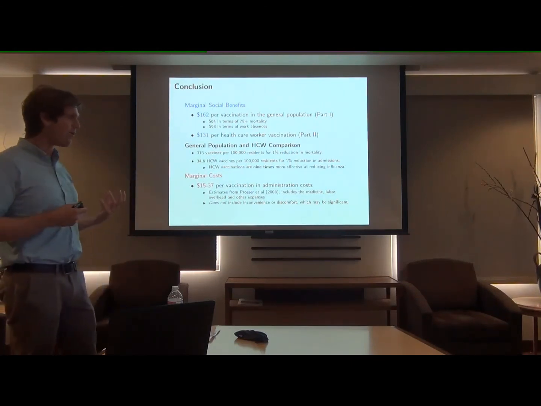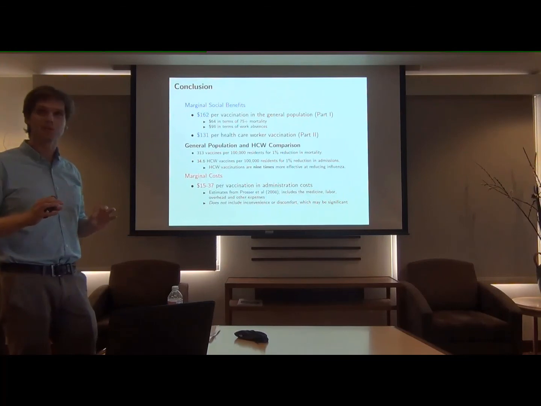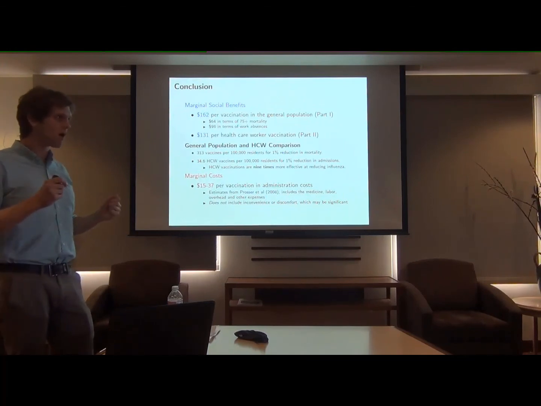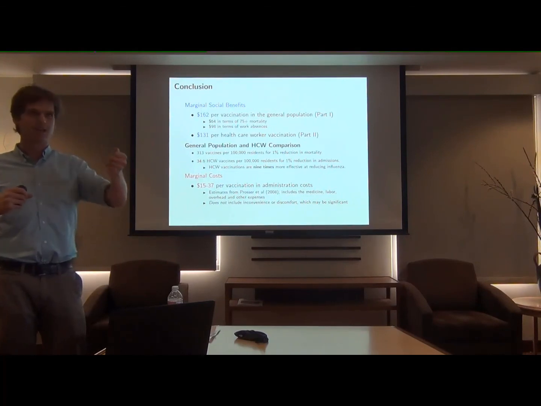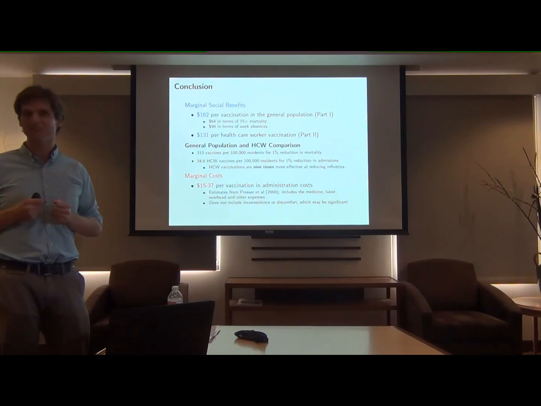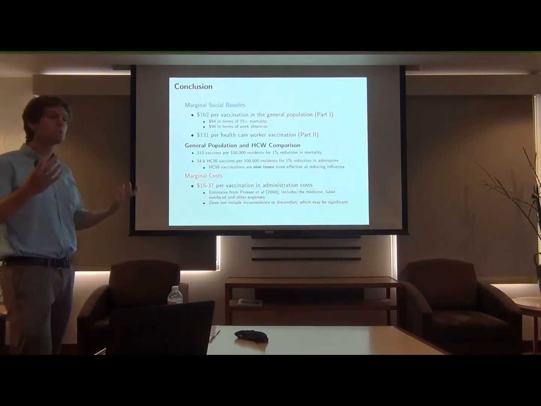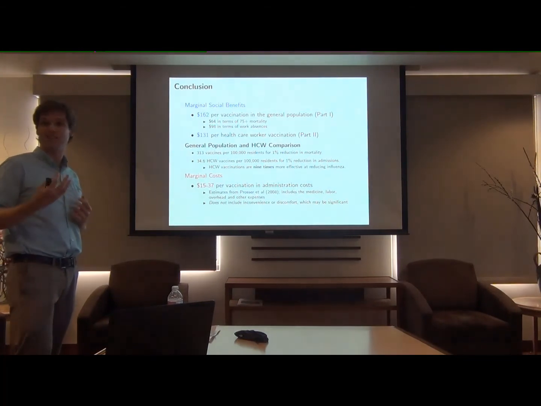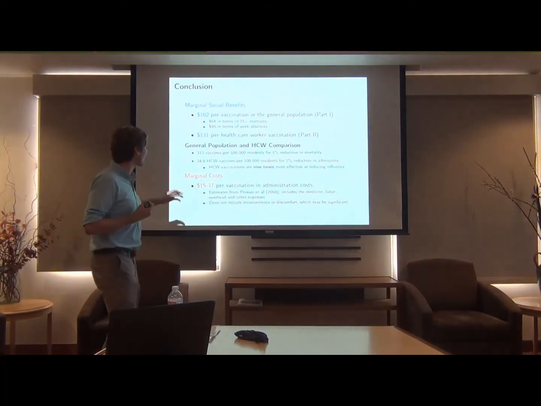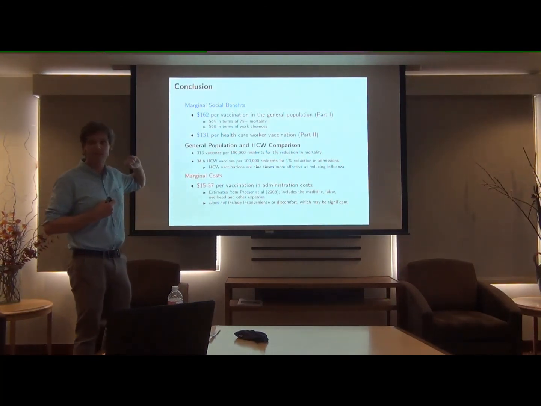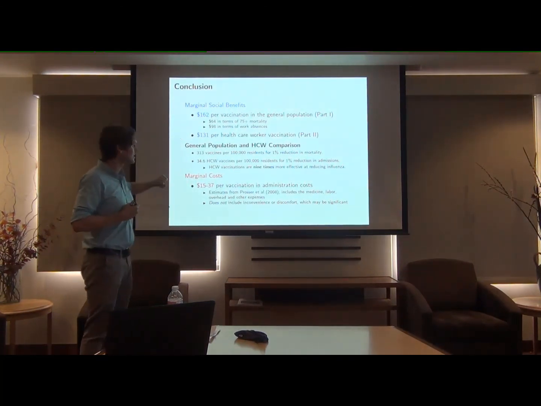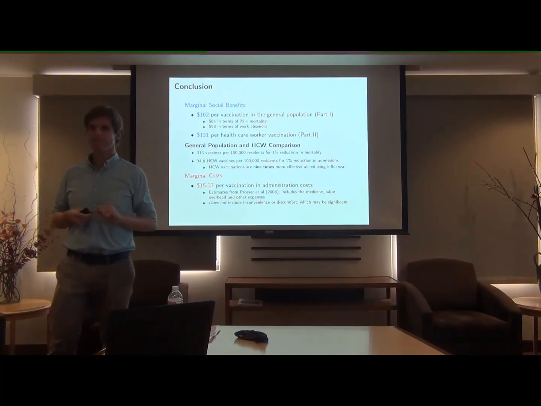For example, one experiment in a very specific population showed that if you send emails to college students, one email saying, hey, go get vaccinated, and one email saying, hey, go get vaccinated and we'll give you $10, you can increase vaccination rates by about 10 percentage points. Right? Super low cost way of increasing vaccination rates. So certainly programs like that are going to be cost effective with externality and social benefits like these. But making a direct comparison between the costs and benefits is a little bit more difficult.